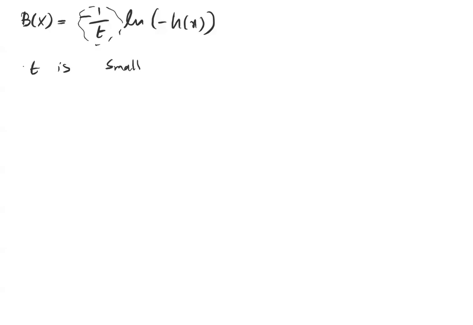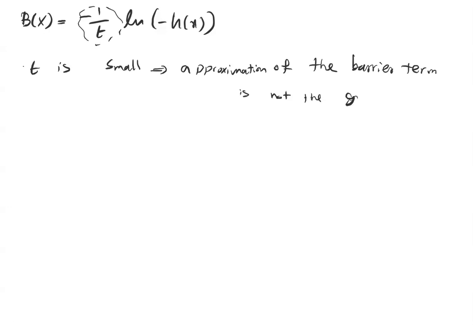If t is small, the approximation of the barrier term is not the greatest. All right.